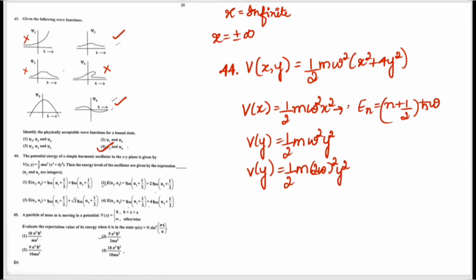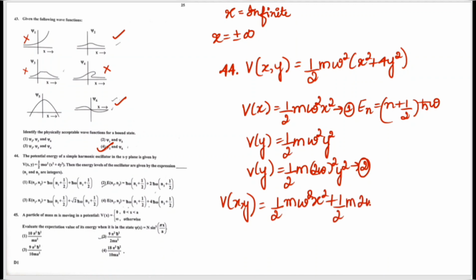I am calling this equation 1 and this equation 2. On joining both equations, V of x comma y is half m omega square x square plus half m into 2 times omega square y square, right?